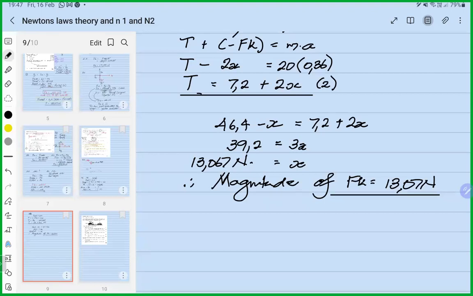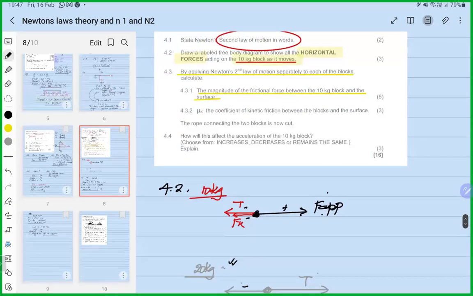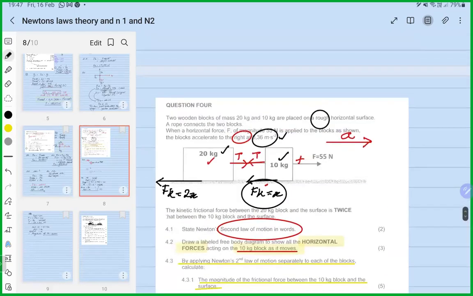Right, there was more than this. Let's see what's the next one. They want the coefficient of kinetic friction between the blocks and the surface. They said blocks and the surface. Now, the truth is, it doesn't matter which block you work with. I'm going to show this to you. Why should it not matter?